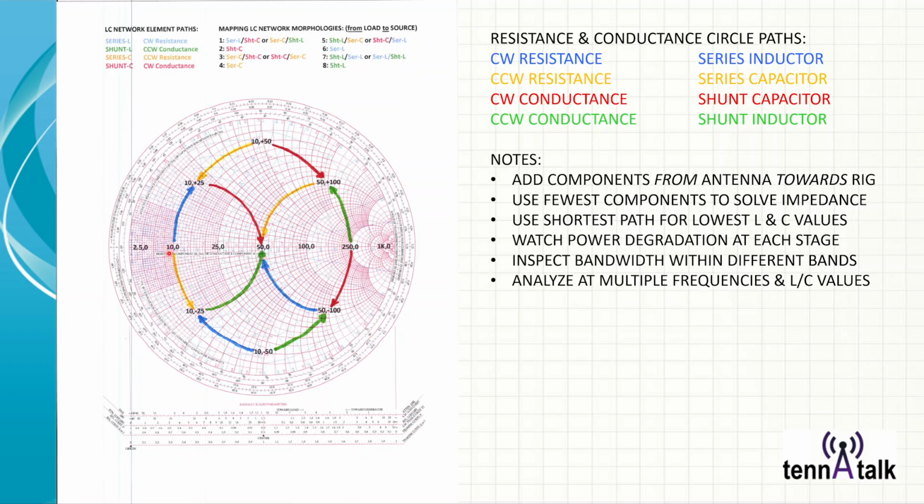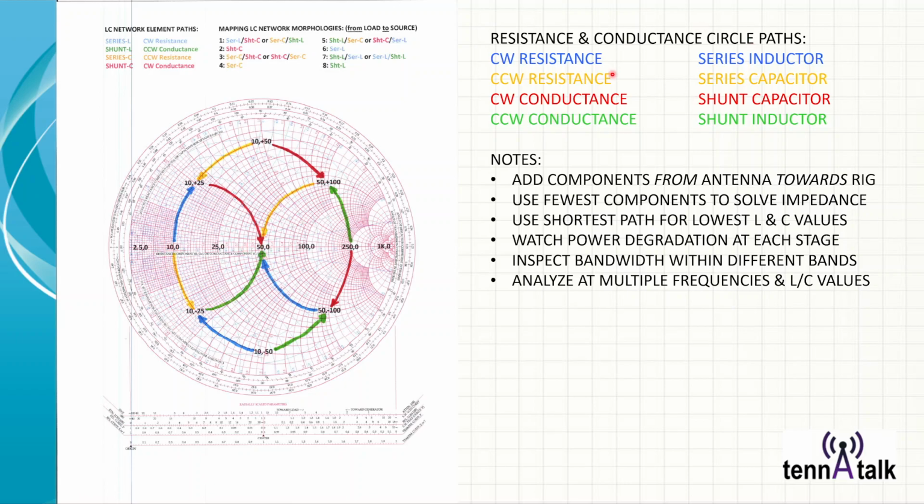Okay, so 10,0 is pure resistance, no positive or negative reactance. But it's not 50 ohms, so it's going to have an SWR of 5 because it's 10 divided into 50, our characteristic impedance. And you may recall you have to take different paths of different configurations of L's and C's, inductors and capacitors, to get from where you're starting from to where you're going to.